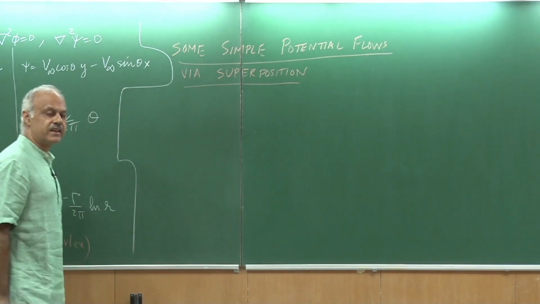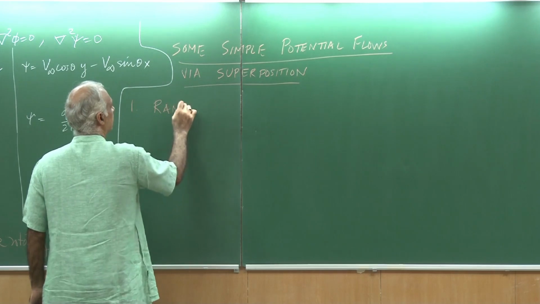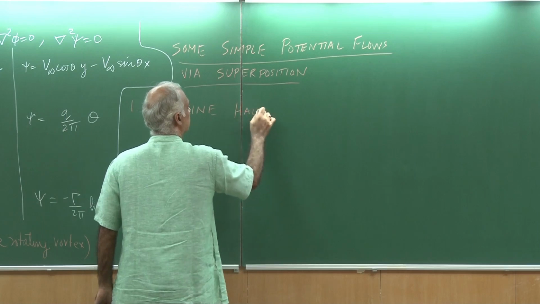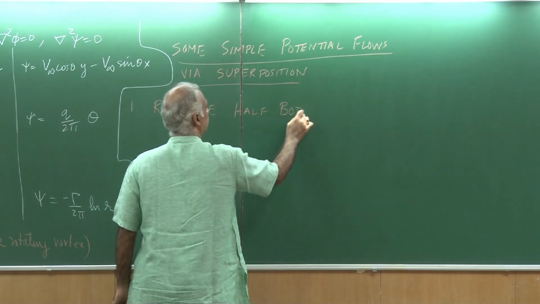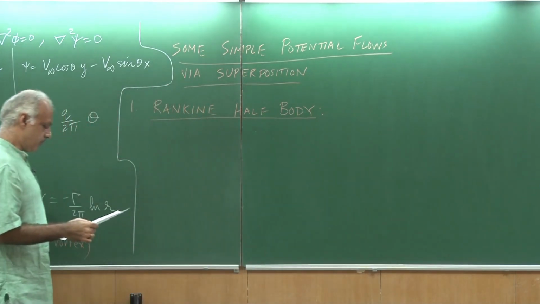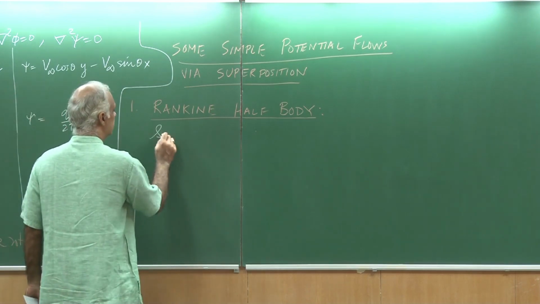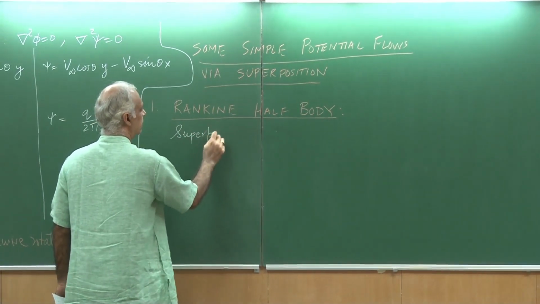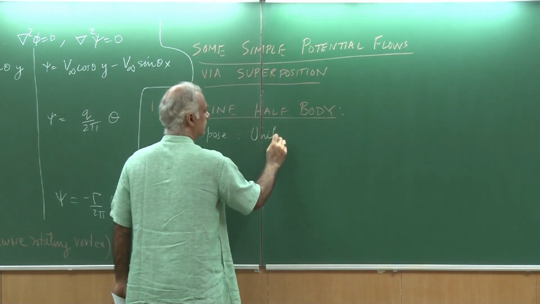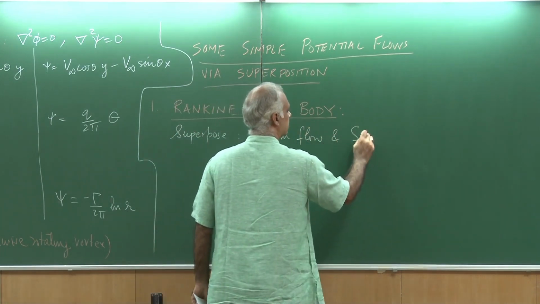The first flow that I wish to talk about is the Rankine half body. This is a flow that is obtained by superposition of a uniform flow and a source.